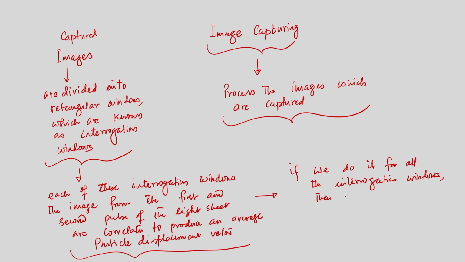then we will get a vector map of average particle displacement, which is formed or produced.